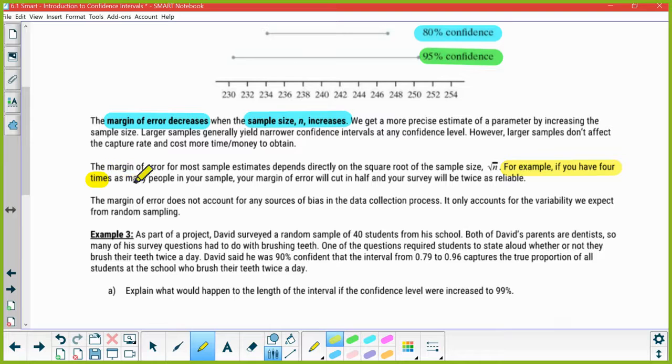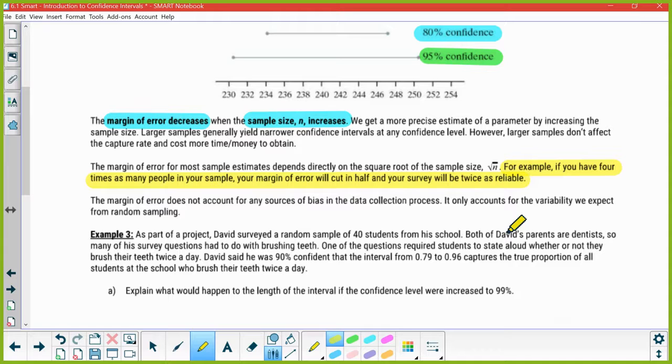They ask, how can I halve my margin of error, or how can I quarter it? If you have 4 times as many people in your sample, so if you take your sample size of 25 and multiply it by 4 and get 100 people instead, then your margin of error is going to halve. That's how I like for you to remember it, not necessarily as the square root of the sample size.